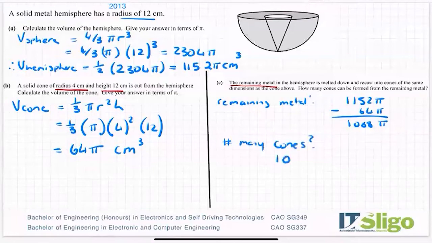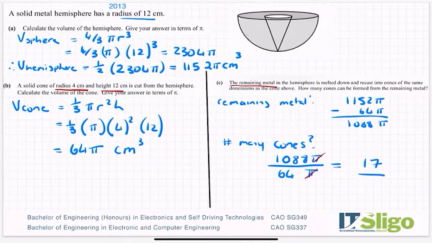I take my remaining metal, divide it by the amount of metal it took for one cone, and see how many I get. And I get 17. What ends up happening here is the pi's cancel, but your calculator will do that for you anyway. So how many cones can be formed from the remaining metal? It's 17.